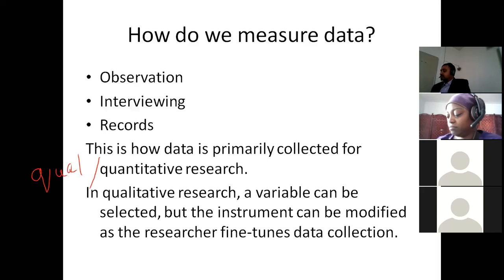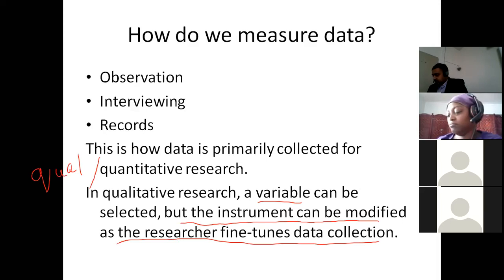The good thing about qualitative research is once you pick a variable, you can modify the measuring instrument as you start to collect the data. So for example, you're looking at suffering due to exceptional taxes during imperialism or colonialism on the natives. Your initial data might be, well, let's look at lack of money to buy food.